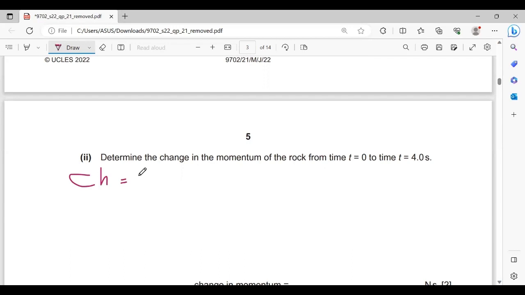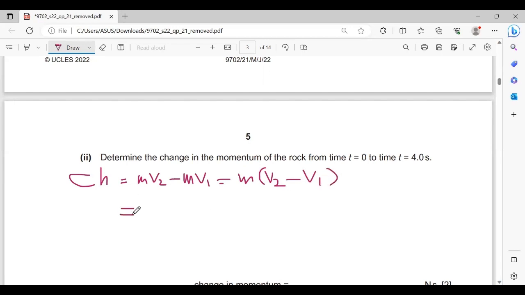I'm going to use this formula, m times v2 minus m times v1, or through factorization we can simplify this formula to m times (v2 minus v1).